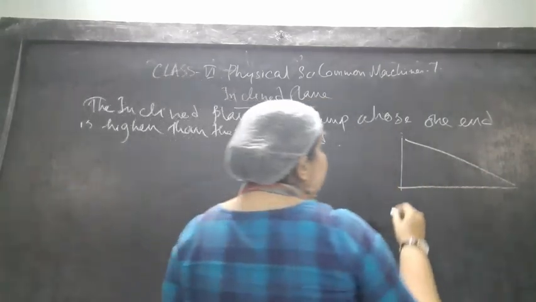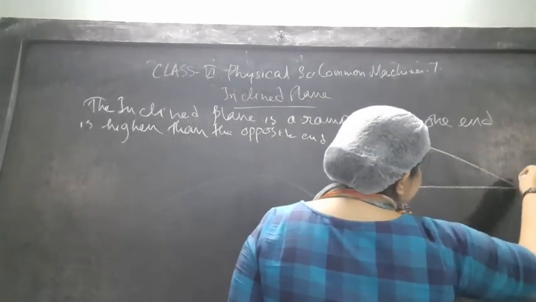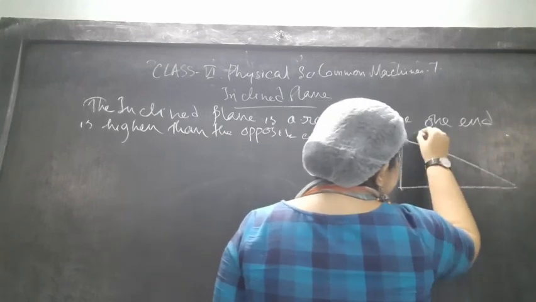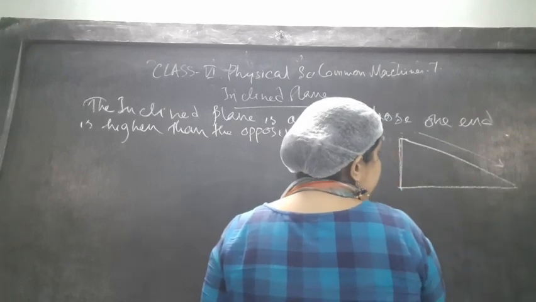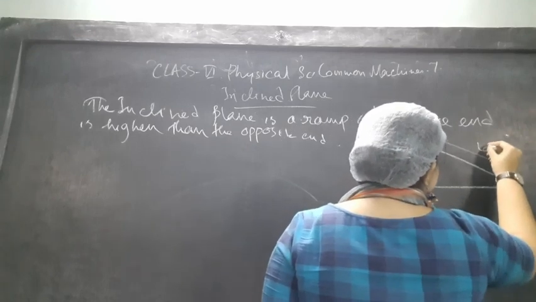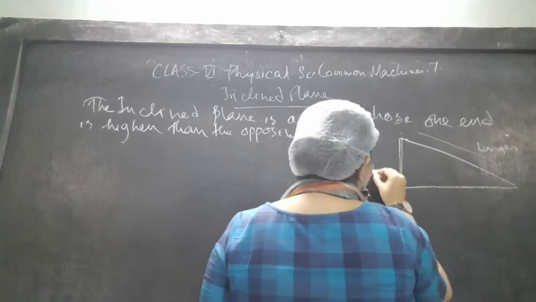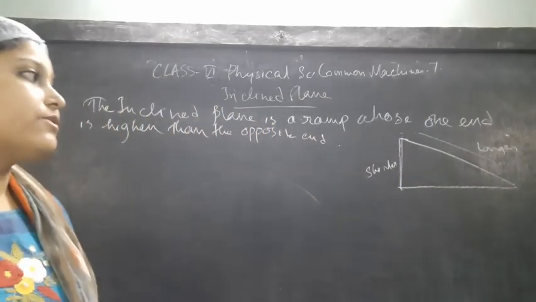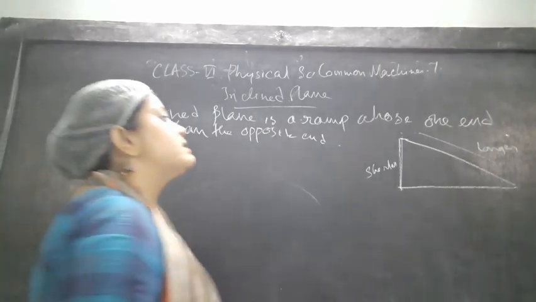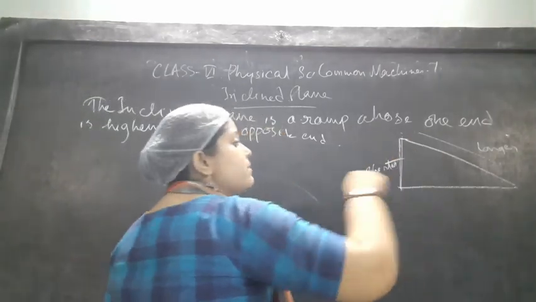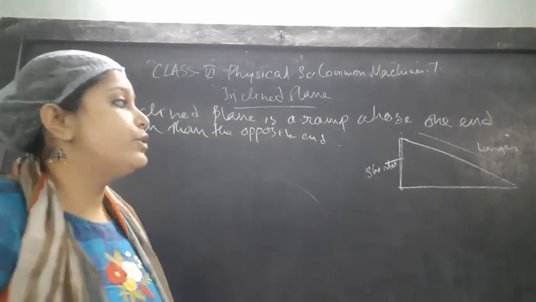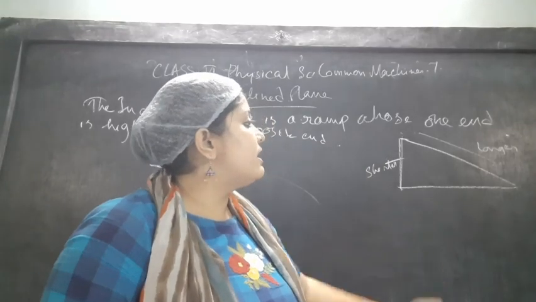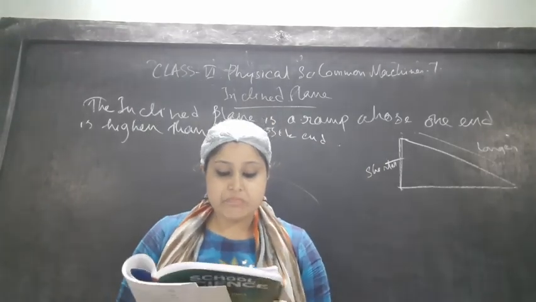If you want to pull something up to this height, this side is very short and this side is the longer one, because the short one is actually the vertical line. That is why it needs more distance to travel compared to pulling something directly up.